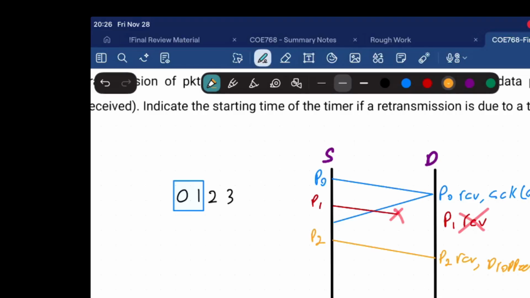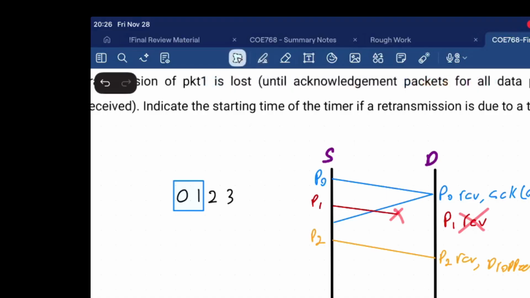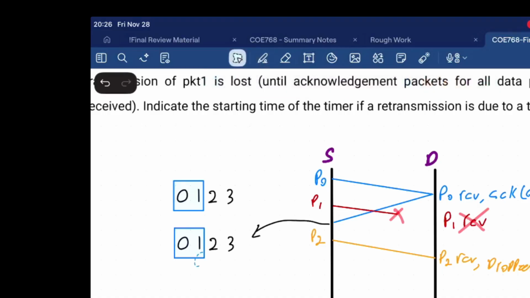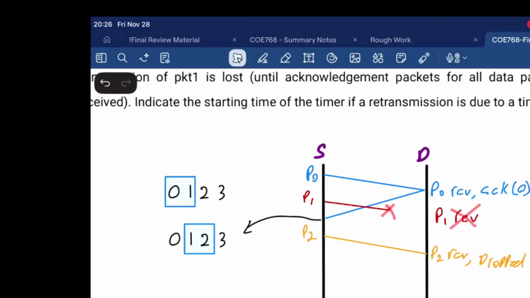And at this point, if we look at our sliding window, we know that P0's acknowledgement ends up coming in. So at this point, we can confidently state that we have 0. 0 can be pushed out of the window as it's been verified and it's been sent.